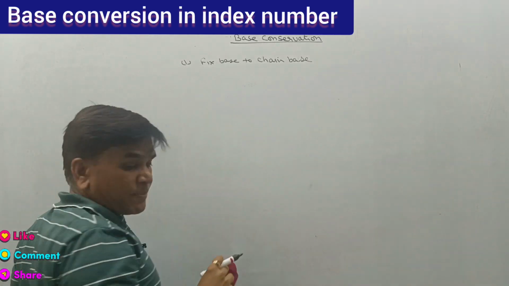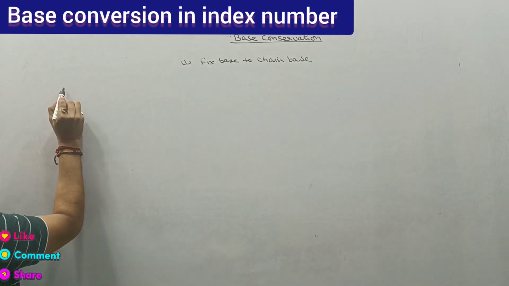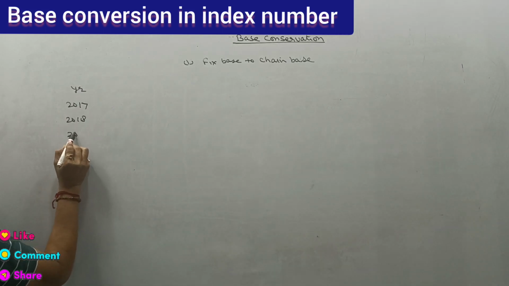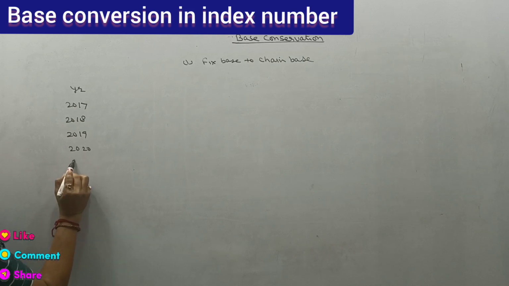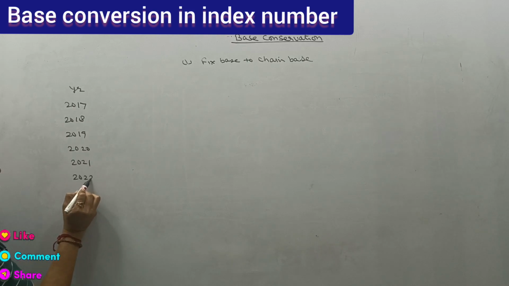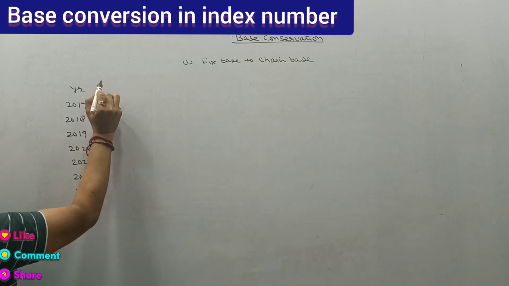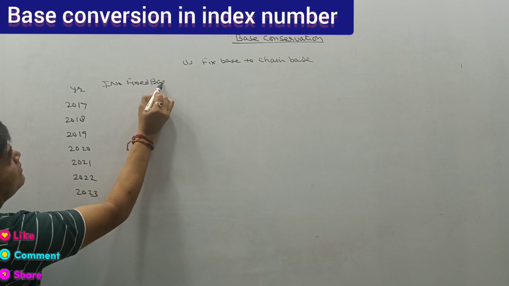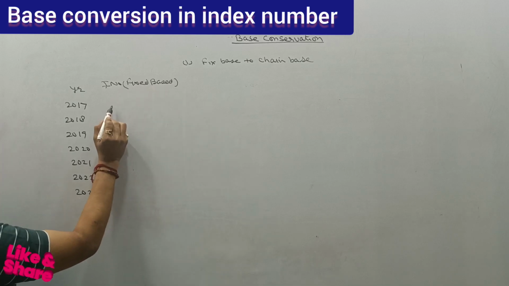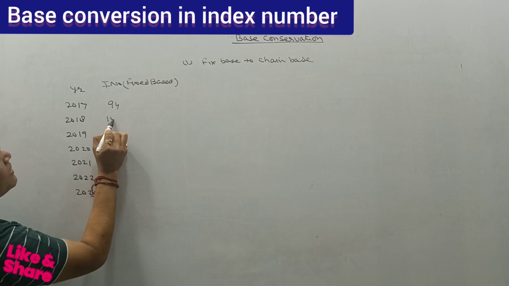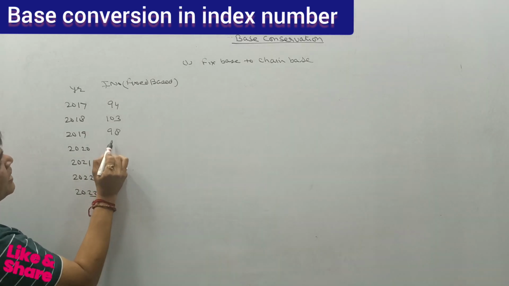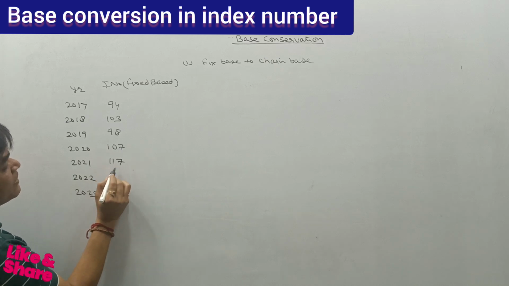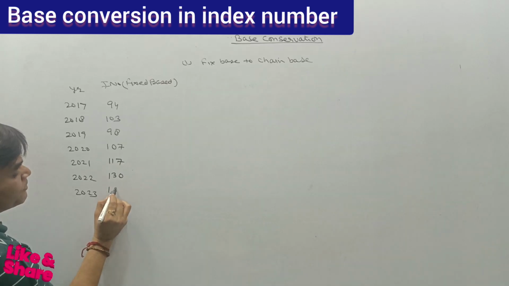Suppose our fixed base index number is given for the years 2017, 2018, 2019, 2020, 2021, 2022, 2023. The fixed base index numbers are 94, 103, 98, 107, 117, 130, 152.